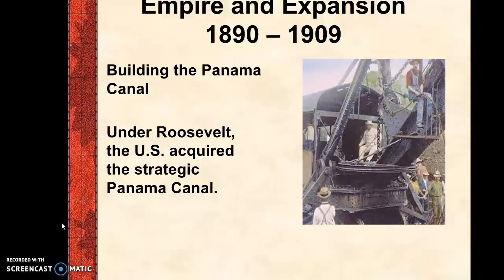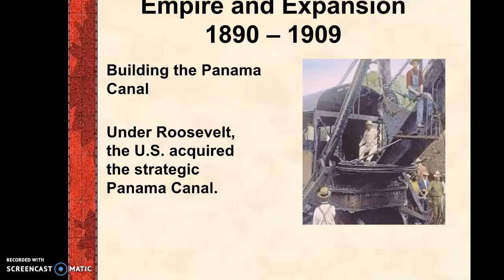Building the Panama Canal. Under Roosevelt, the United States acquired the strategic Panama Canal. Plans for a canal to connect the Atlantic and Pacific Ocean had been discussed and on the minds of people for decades, long before it was built. A French company started to build this project in the late 1800s, early 1900s, and the United States saw this, certainly Roosevelt saw this, as a strategic location and something the United States should take over.